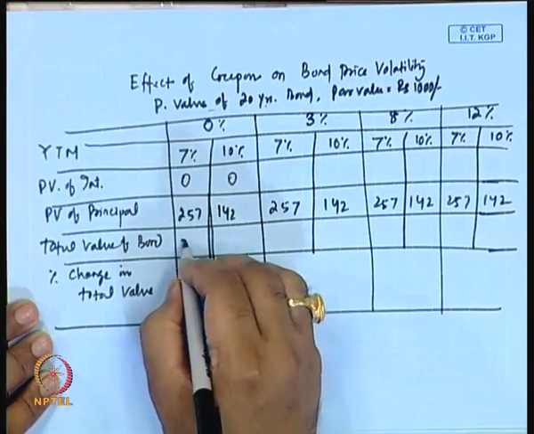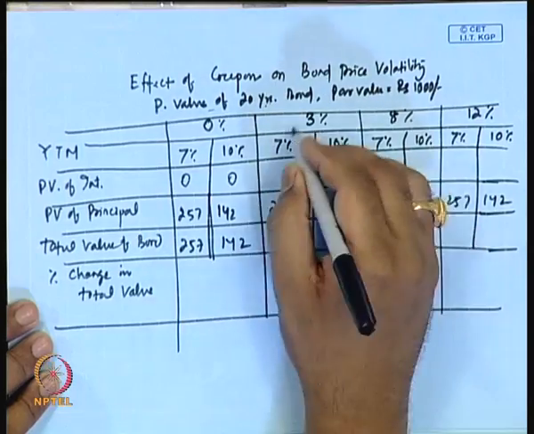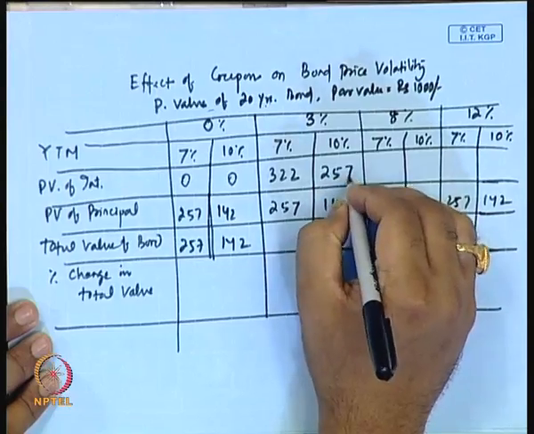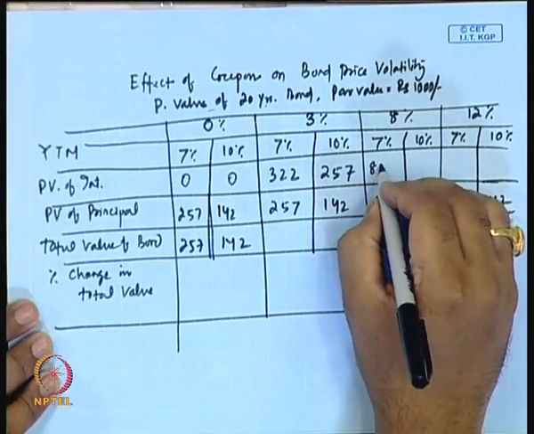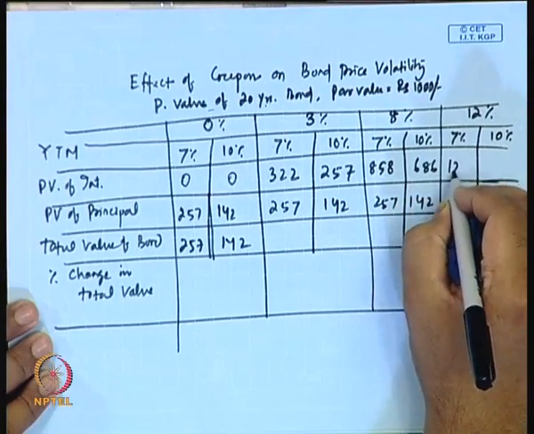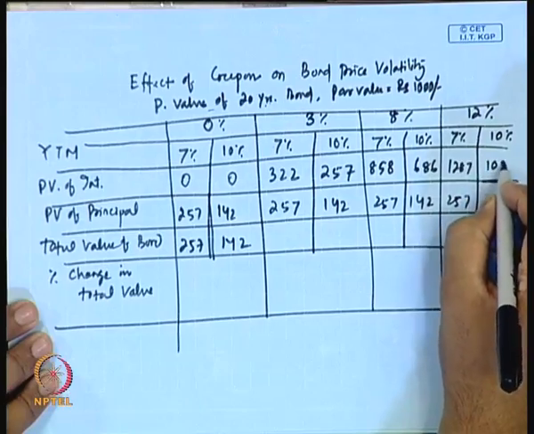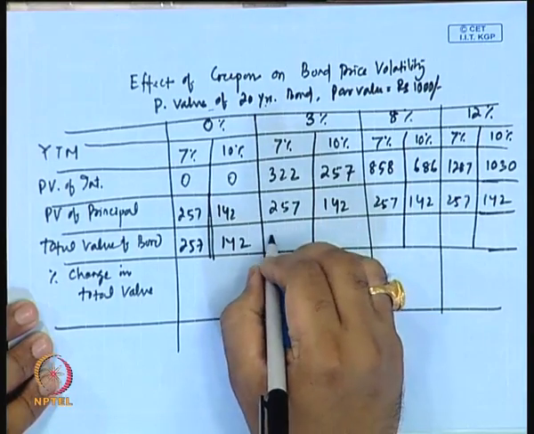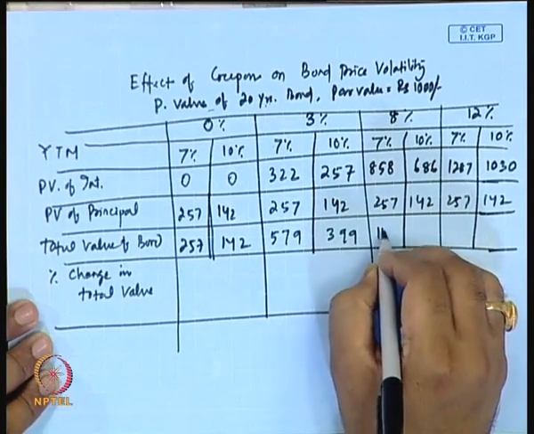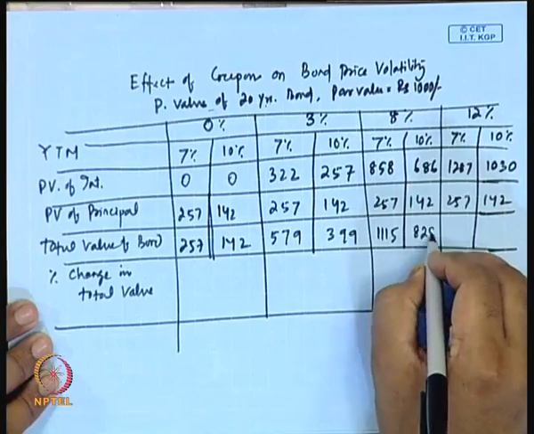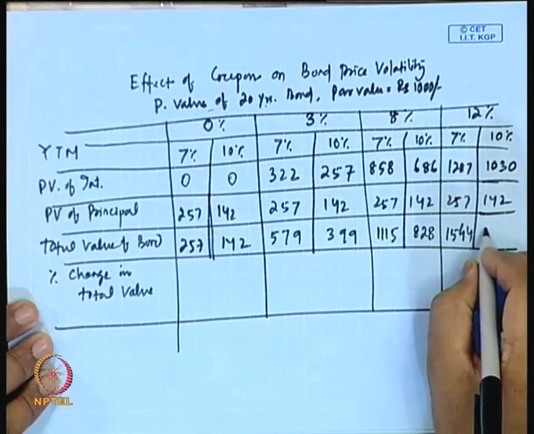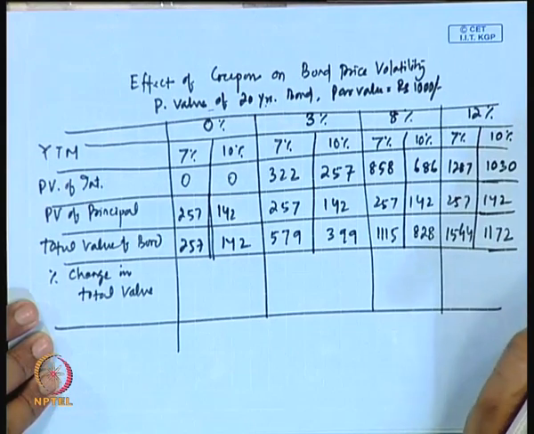So what is the total value? Here it is 257, it is 142, but if you take a 3% coupon, the present value of interest will be 322 and 257, this will be 858, this will be 686, it is 1287, this is 1030, the total is 579, 399, this is 1115, this is 828, this is 1544, this is 1172.